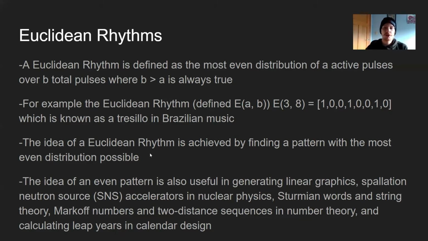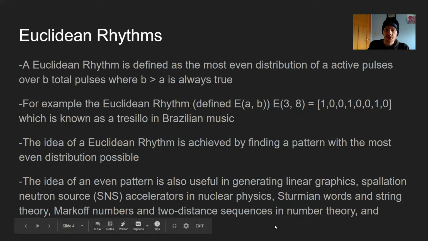This whole application is based upon using the Euclidean algorithm to find a pattern that has the most even possible distribution that you can have. And this idea of finding patterns with an even distribution is also useful in a bunch of other areas of study that I list out down here.